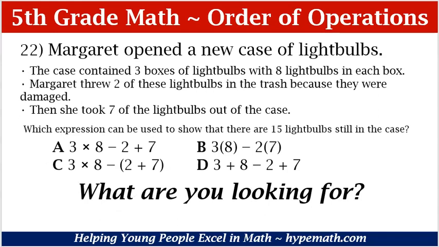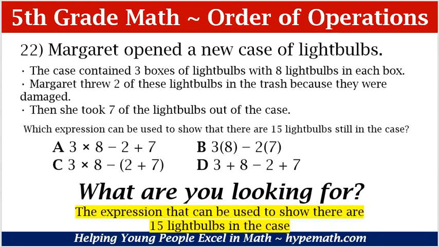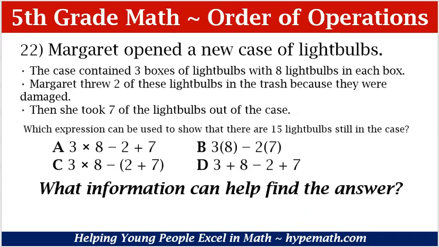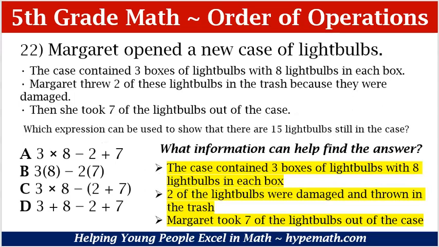What are we looking for? We are looking for the expression that can be used to show there are 15 light bulbs in the case. What information can help us find the answer? The information that can help us find the answer are 3 things.